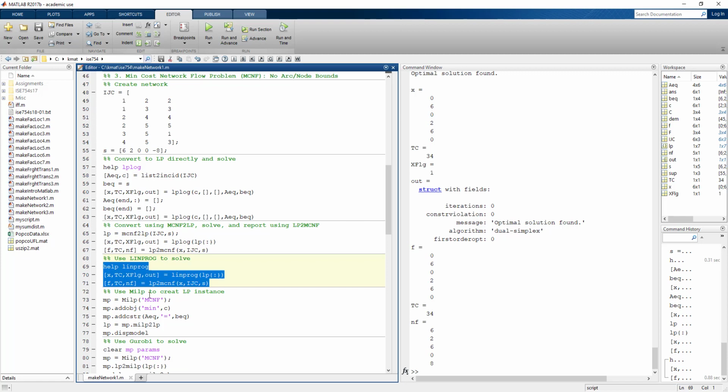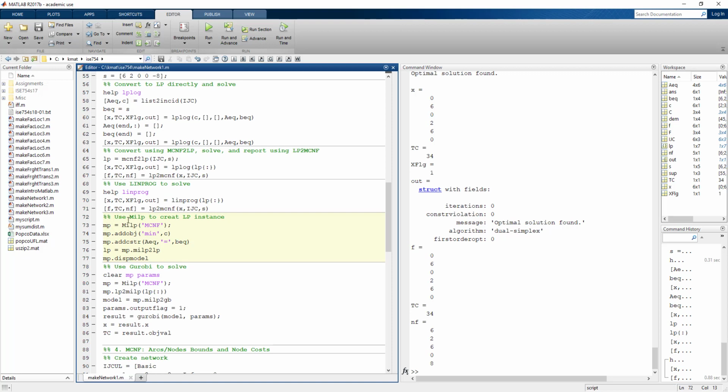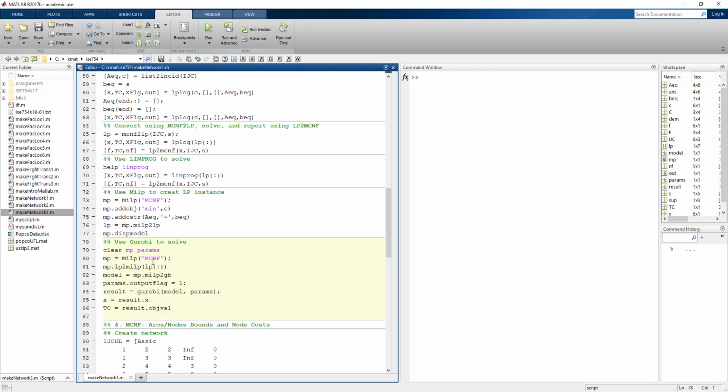We can also solve it as a linear programming problem using the MILP object that's part of Matlab. We can use Gurobi to solve, and we can do that by first clearing in case there's any instances of the math programming model. And then we're going to create a brand new instance using the MILP model.